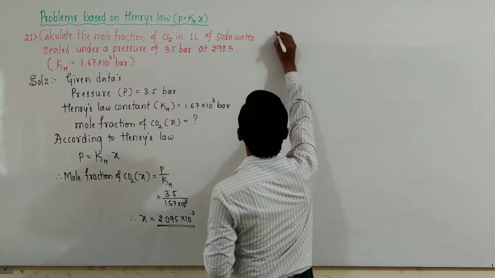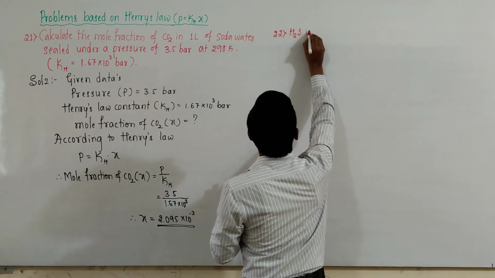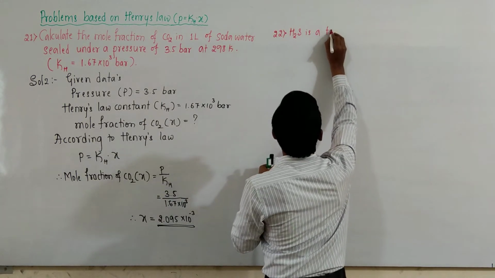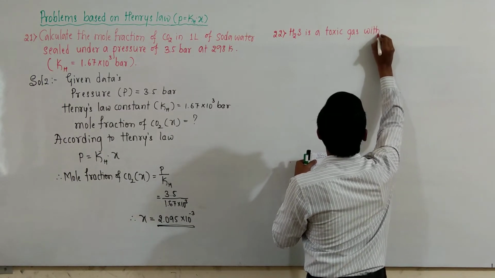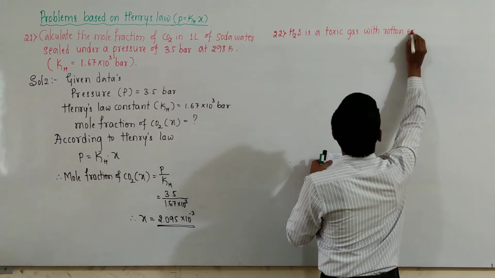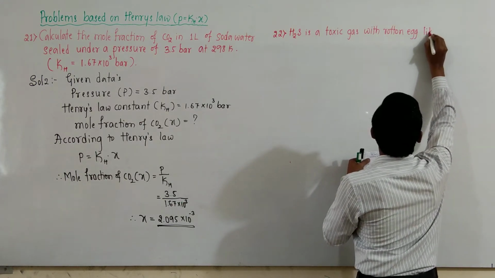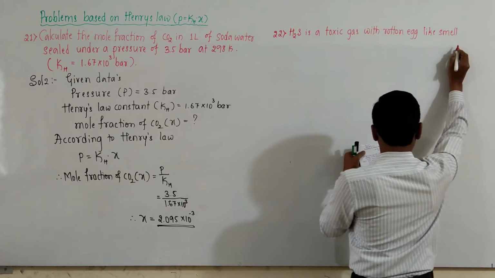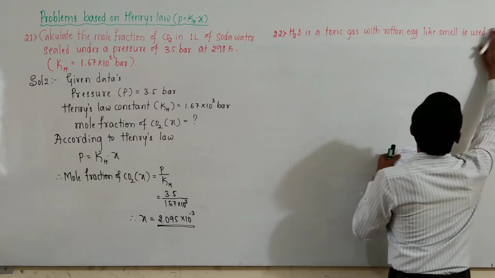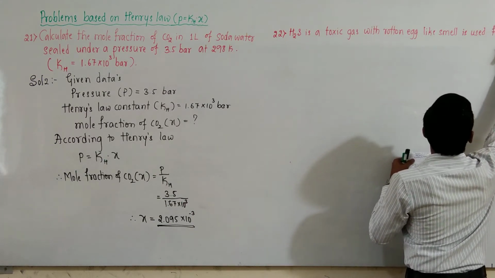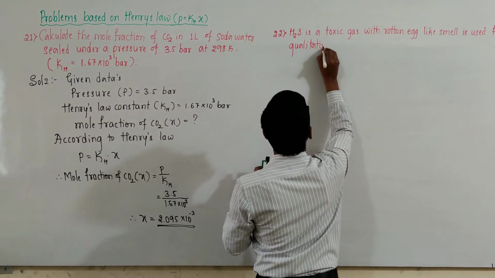Next one is the 22nd. H2S is a toxic gas with a rotten egg like smell, used for qualitative analysis.